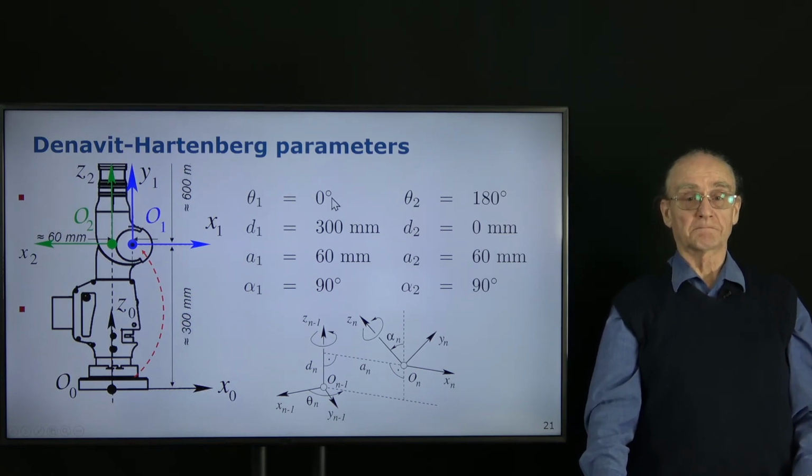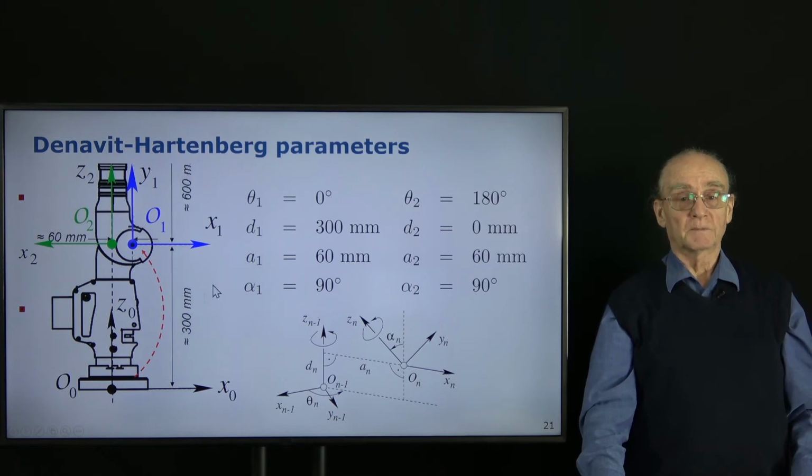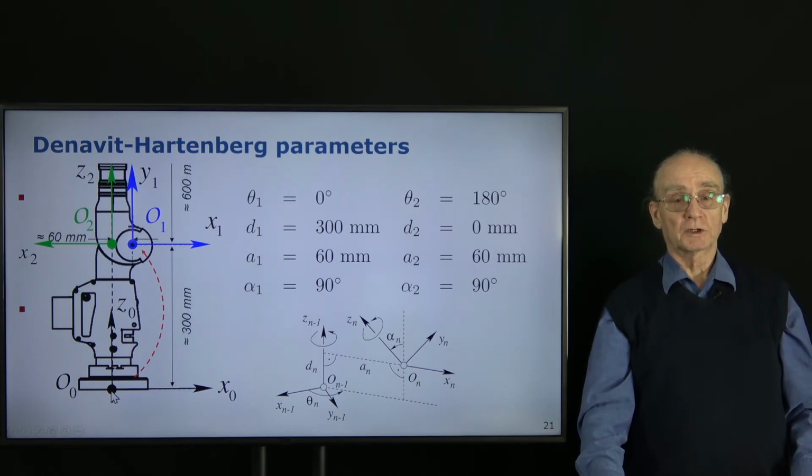So this is easy. The second one is the shift of the coordinate system from 0 to 1, which is this 300 millimeters, which is this value. Then we have to move the coordinate system from here to the right in the direction of the x-axis, which are these 60 millimeters.